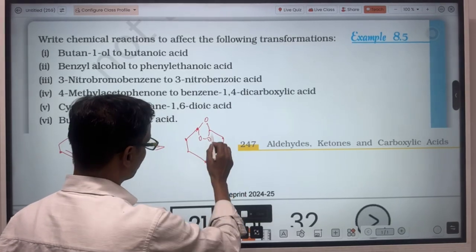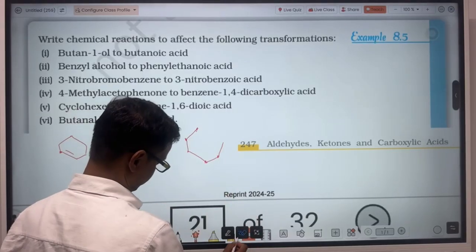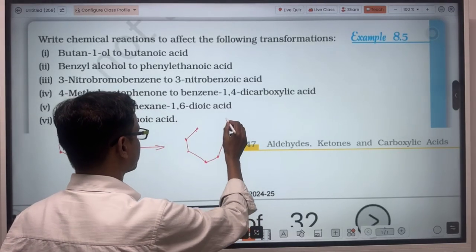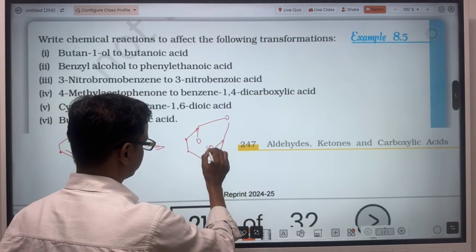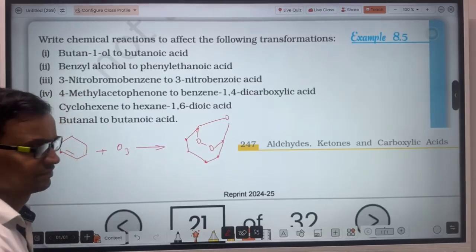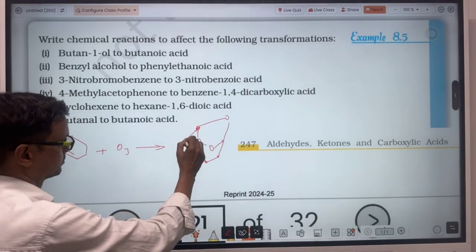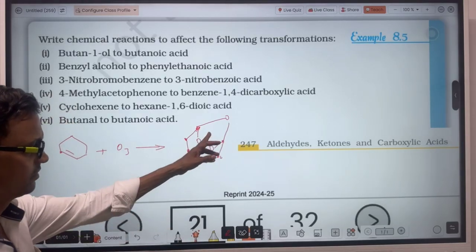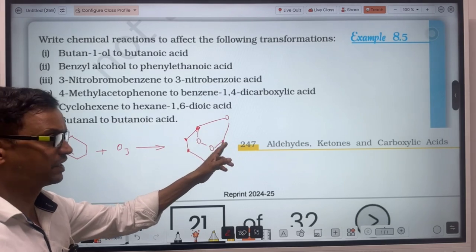I have drawn one carbon more, so not this one. Now to this carbon one oxygen will be bonded. This is carbon, this is carbon. How many carbons here? 1, 2, 3, 4, 5, 6. Both carbons will be bonded with one oxygen.